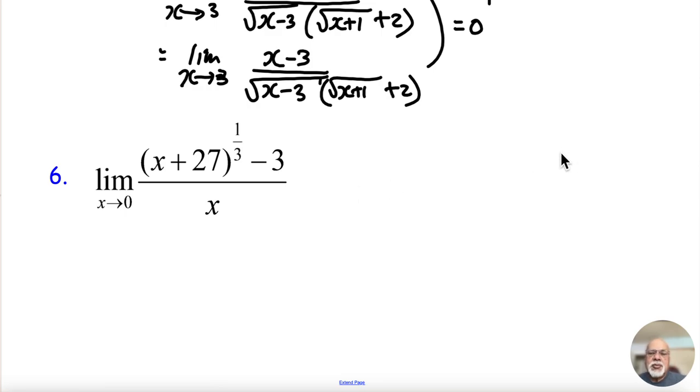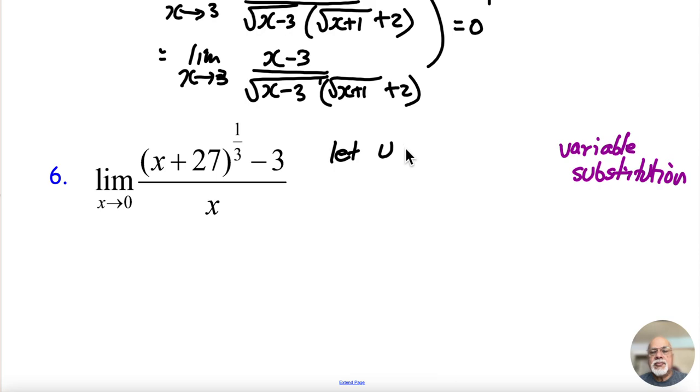We're going to do this by using a technique called variable substitution. The way this works is we're going to let u, or any variable you like, equal the messy part of this, which is the x plus 27 to the 1/3.